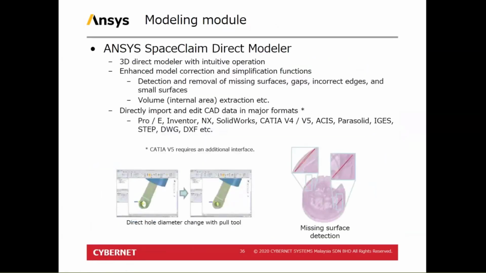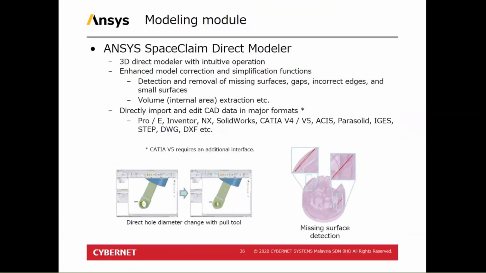Okay, so this is about the modeling tool. The product name is Ansys SpaceClaim. This is like a normal CAD system, but this product focuses on the preparation for simulation. The strength of this product, of course, is that it is easy to use.